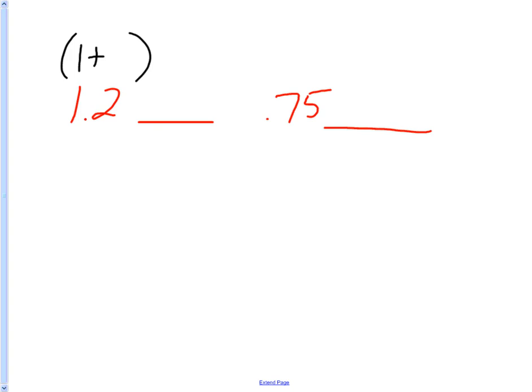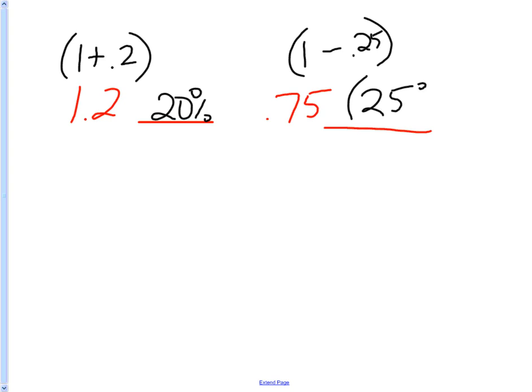And this would be 1 plus 0.2, which would mean a 20% increase. And this one would be broken into 1 minus 0.25. Notice not 0.75. And so that would be a 25% decrease, which you can sometimes put in parentheses or just put a minus in front of it. So it's a decrease of 25%. Or you could say 25% decay. You can say it in a word. All right?